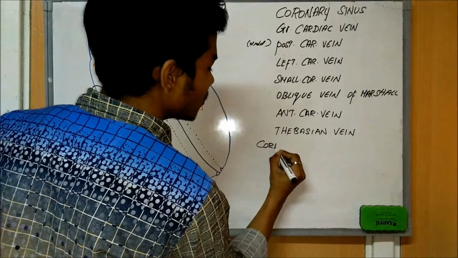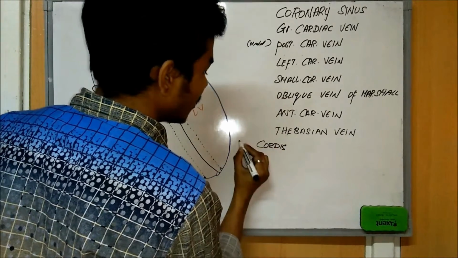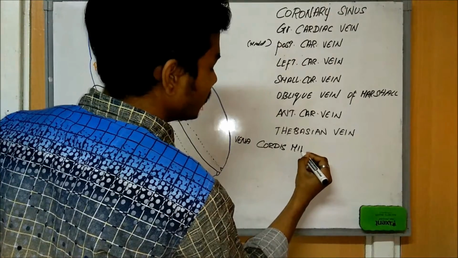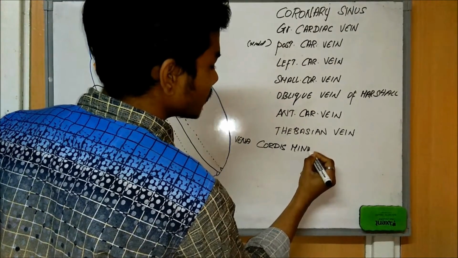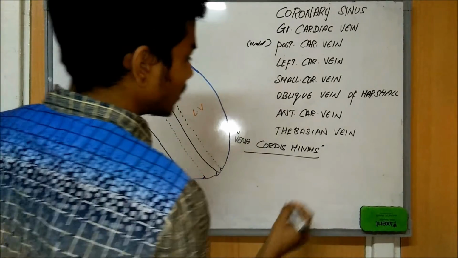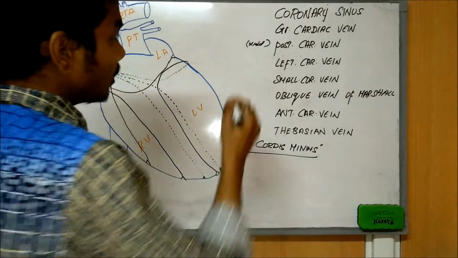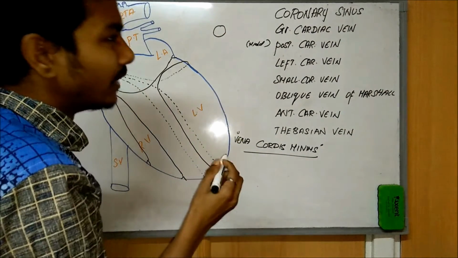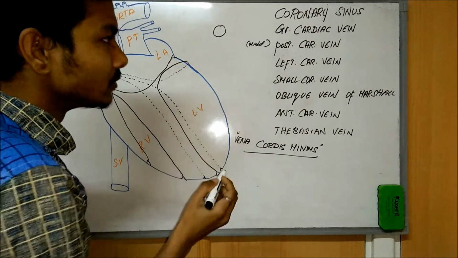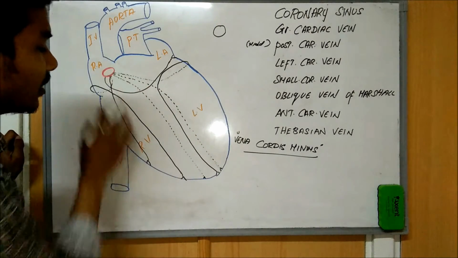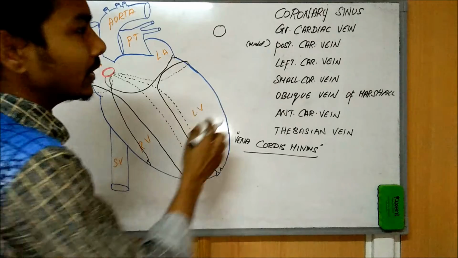And then the thebesian vein, or venae cordis minimae. Assume this is a thebesian vein. These are the smallest veins which come from all over the heart, for example the right auricle, right ventricle, left auricle, left ventricle.